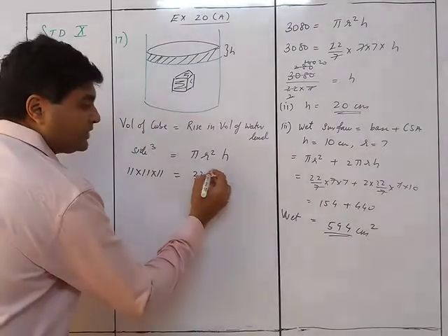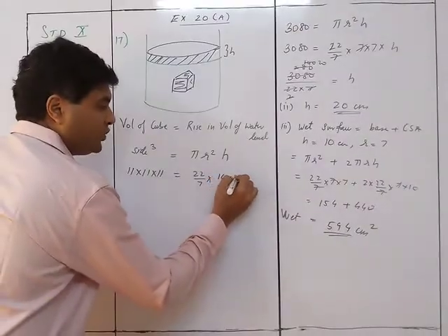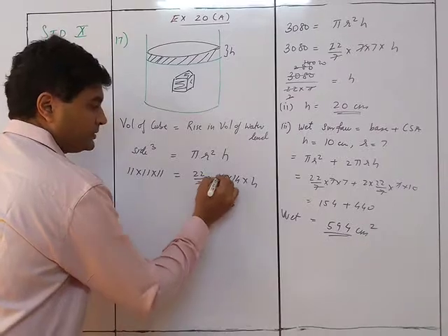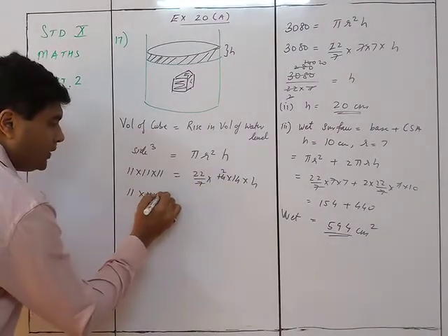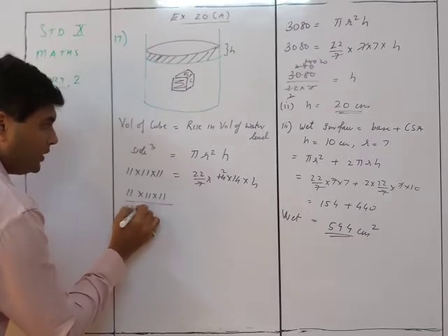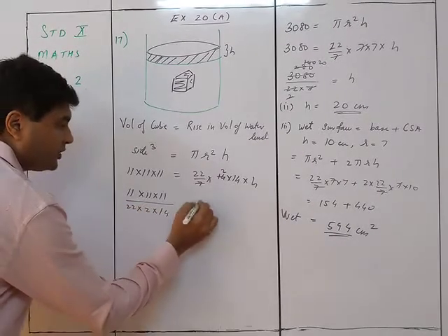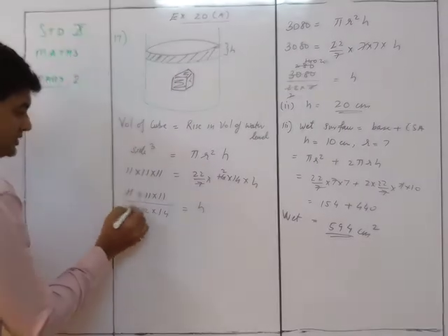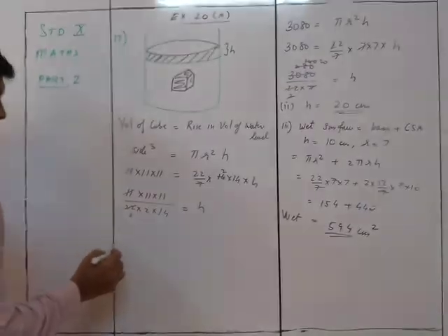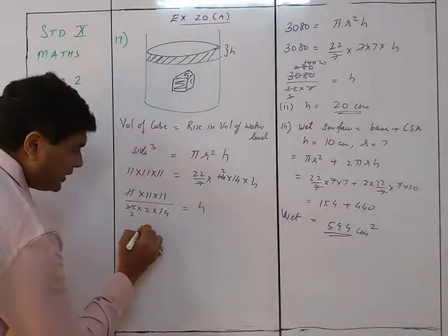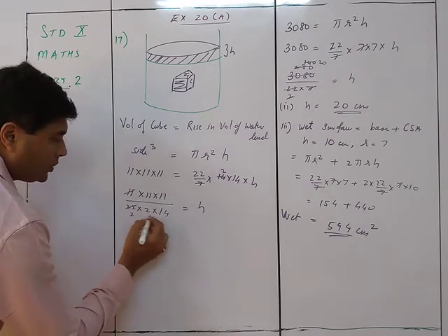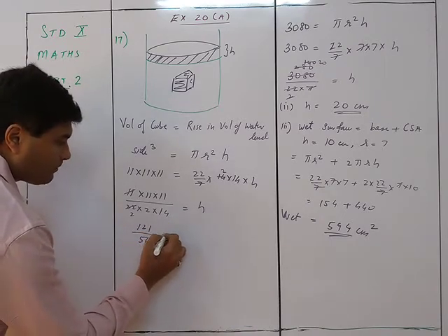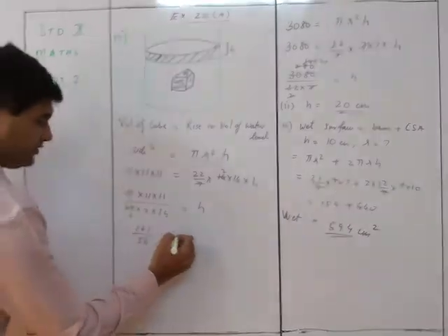So diameter is 28, so radius will be 14. So 14 into h. So here we get 11 into 11 into 11 upon 22 into 2 into 14 is equal to h. Those 2s cancel, and no other cancellations. So you get over here 121 upon 56 is equal to h.